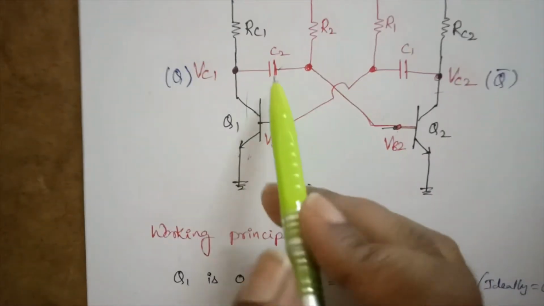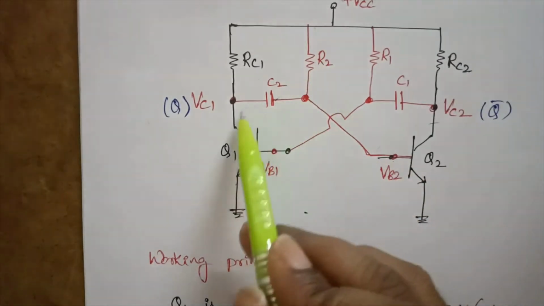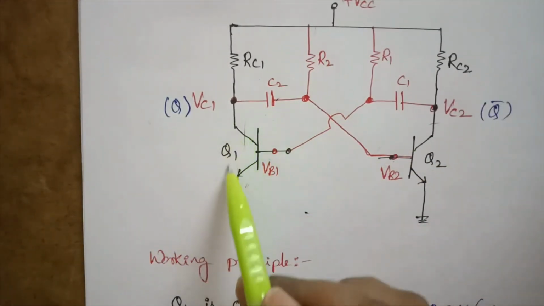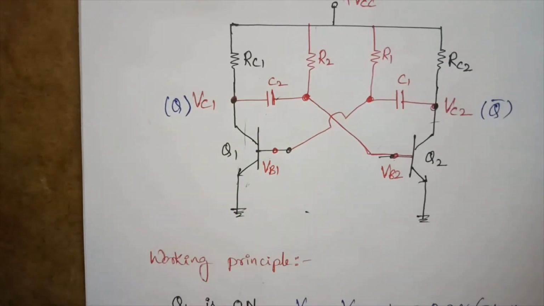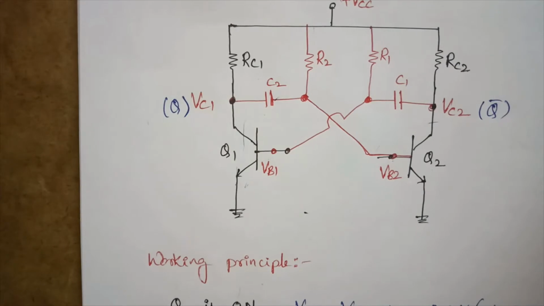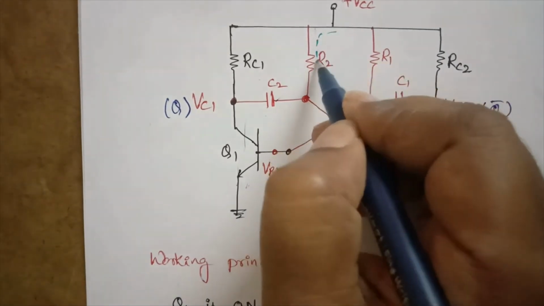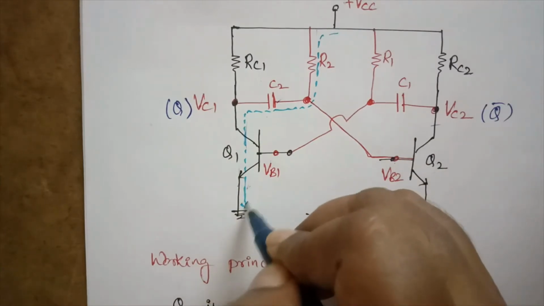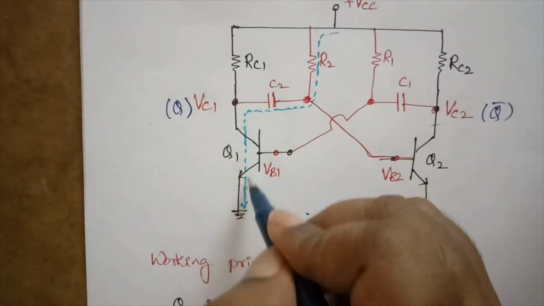Why is this capacitor charging? Here we are getting a closed loop: plus VCC, R2, C2, and this transistor is on. Therefore we are getting a closed path, some current is flowing through this transistor, and the capacitor starts charging.